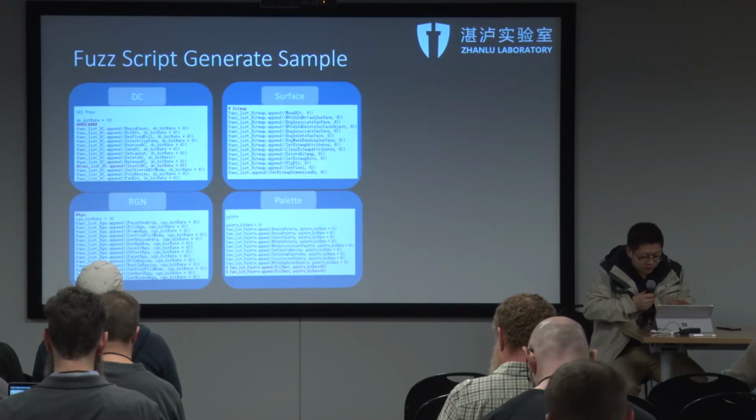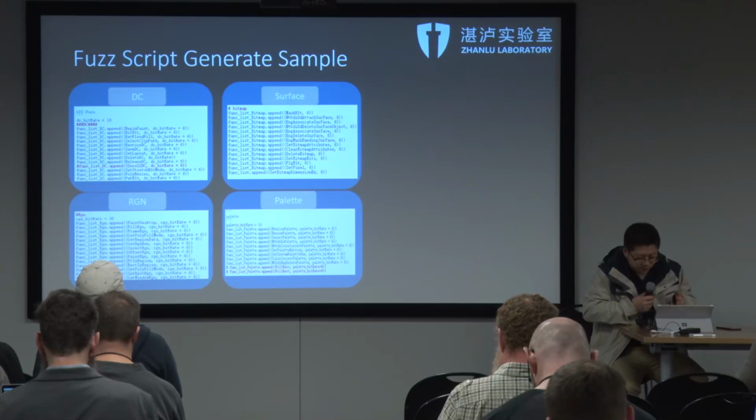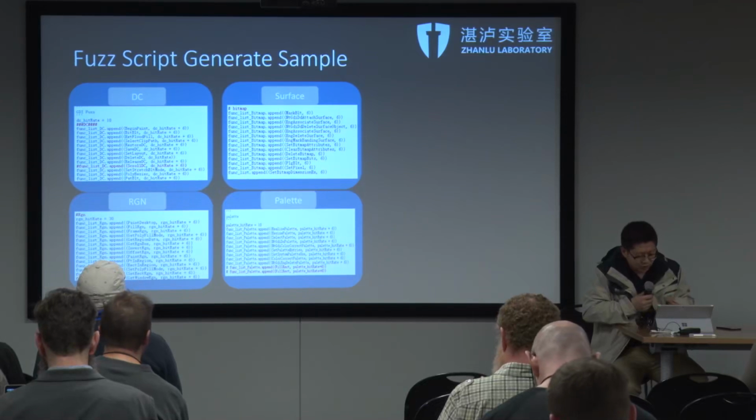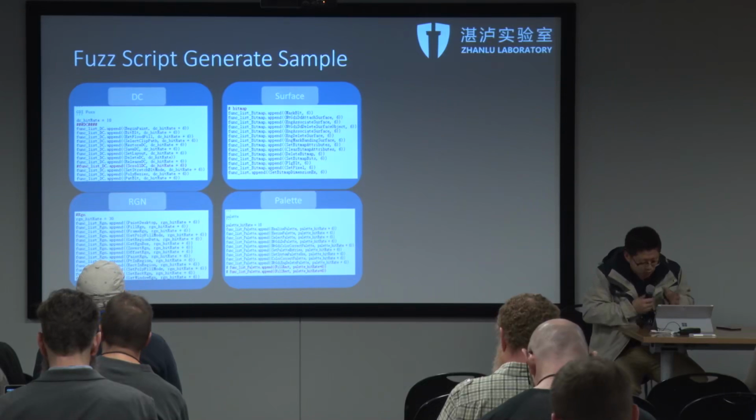Okay, the following figure is the script for the generate sample. The script is for DC, object, palette fuzzing. The main function of the script is to collect the operations associated with the object. Then we use the functions for the subsequent fuzzing.